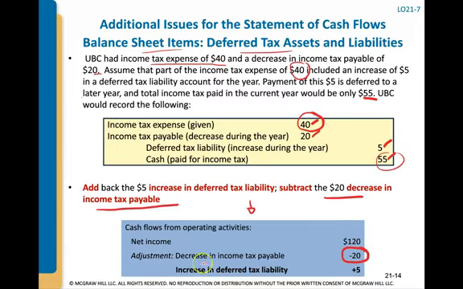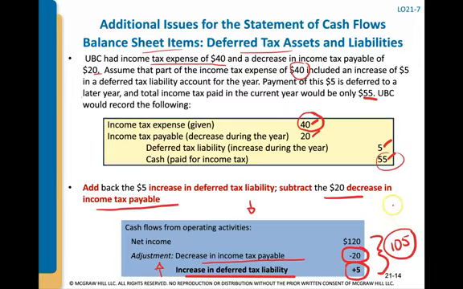So here's my decrease in income tax payable, but now I had an increase in deferred tax liability, which is also a liability. And when a liability increases, the adjustment goes the same direction. So the liability increased, so we're going to increase our net income by $5. And when you take the 120 minus 20 plus 5, you get the $105 of net income on a cash basis, which is what we had up here beforehand.